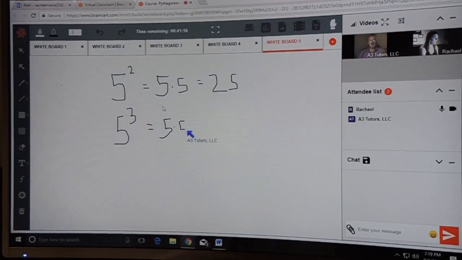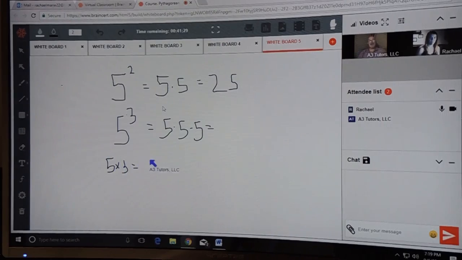Good. Now you have to remember that exponents are repeated multiplication. A lot of people will say this is 5 times 3. Well, it's not 5 times 3. 5 times 3 is 15. It's repeated addition.